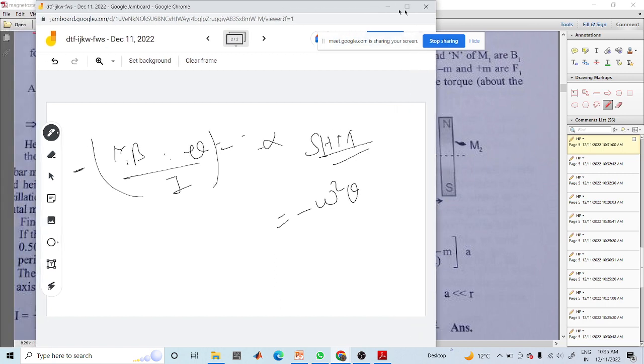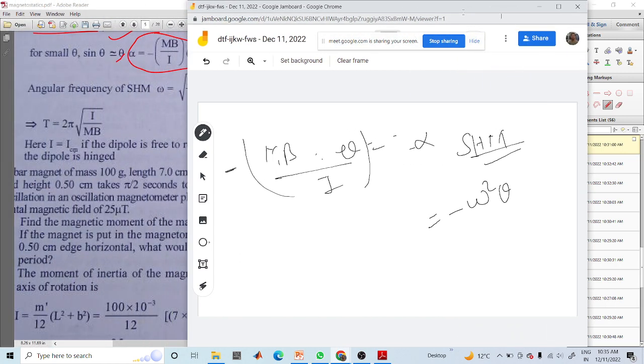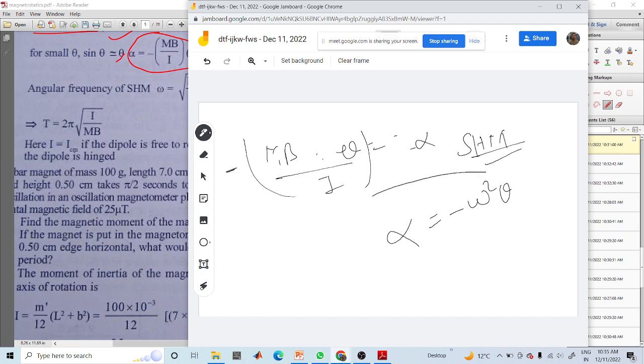So alpha is equal to minus omega square theta. This is the relation of SHM.